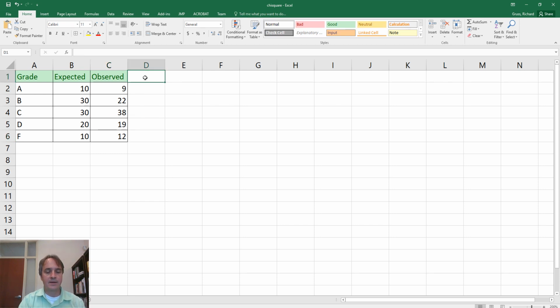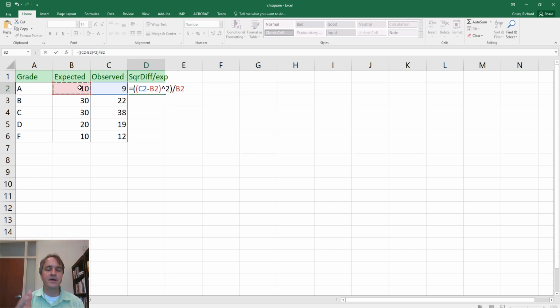So I'm going to add a column here, and I'm going to call it squared difference divided by expected. Okay, so this is going to be equal to the observed minus expected, and we'll square that, and we'll take that whole expression and divide it by the expected.